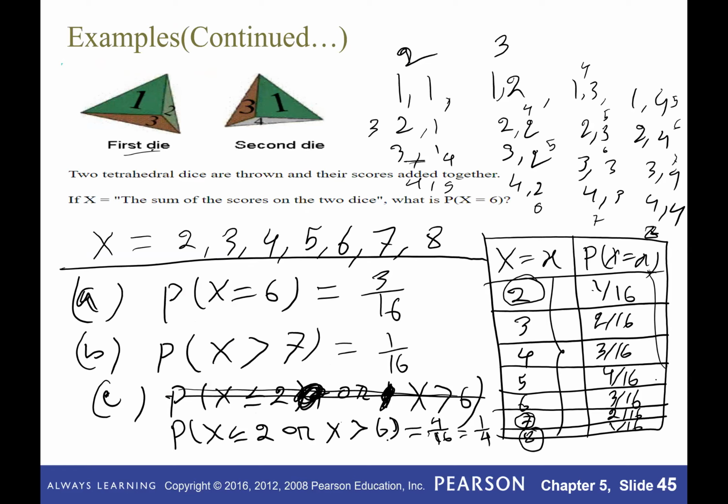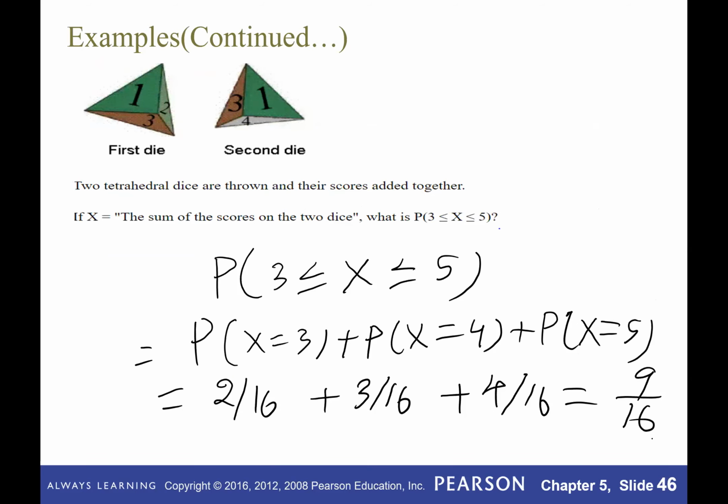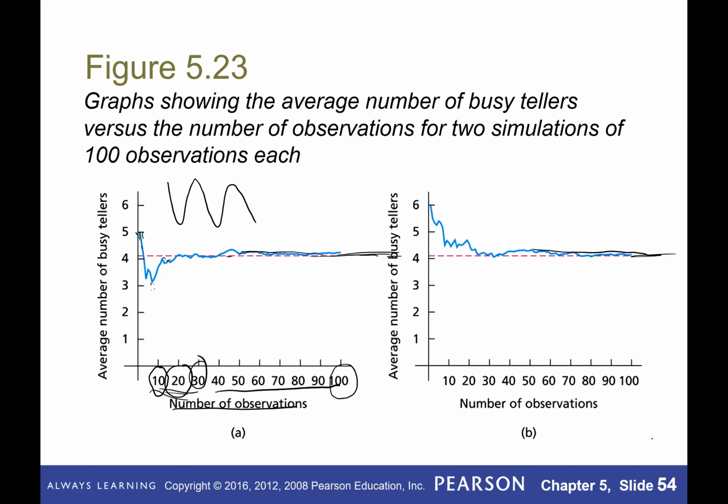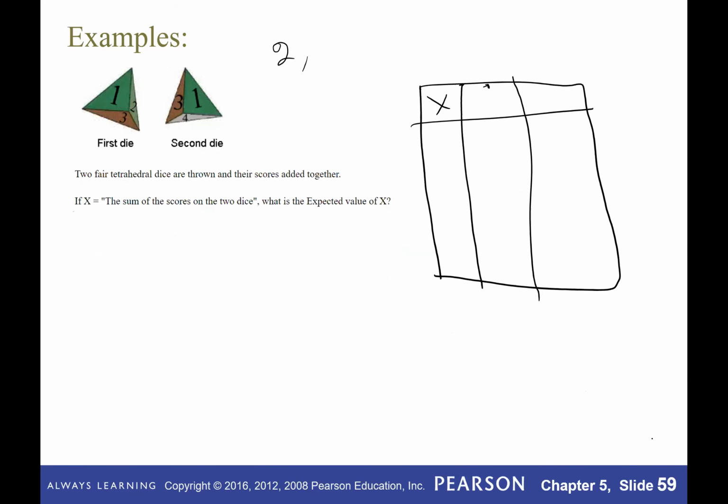And we had the corresponding probabilities. The possible values are, in this case, 2 to 8, that means 2, 3, 4, 5, 6, 7, 8.